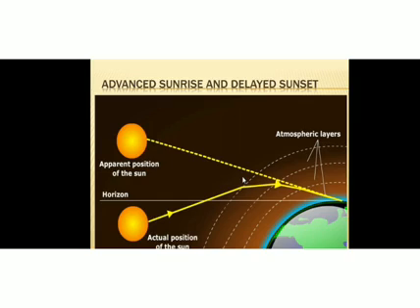And also it is visible to us even 2 minutes after the actual sunset. Suppose the sunset occurs at 6 o'clock in the evening, but the sun is visible to us even at 6:02. That means 2 minutes after the actual sunset. All this interesting phenomenon occurs due to atmospheric refraction itself.